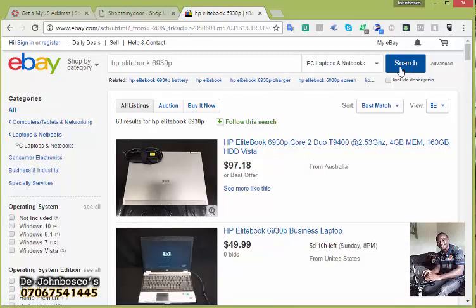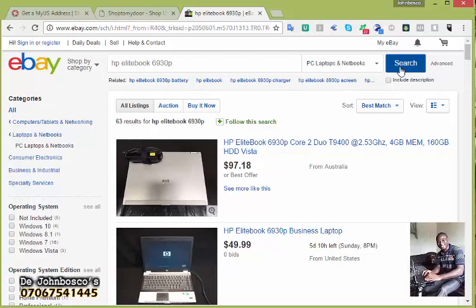And you will see the ones that are stated as is. Let's look for it so that you understand. As is in this case means just as you have seen it. Some of them are categorically stated for parts only.